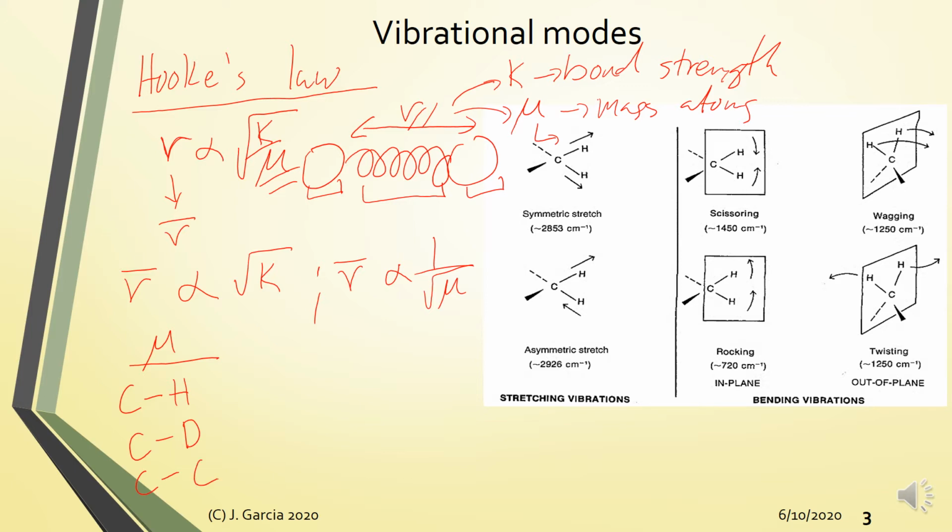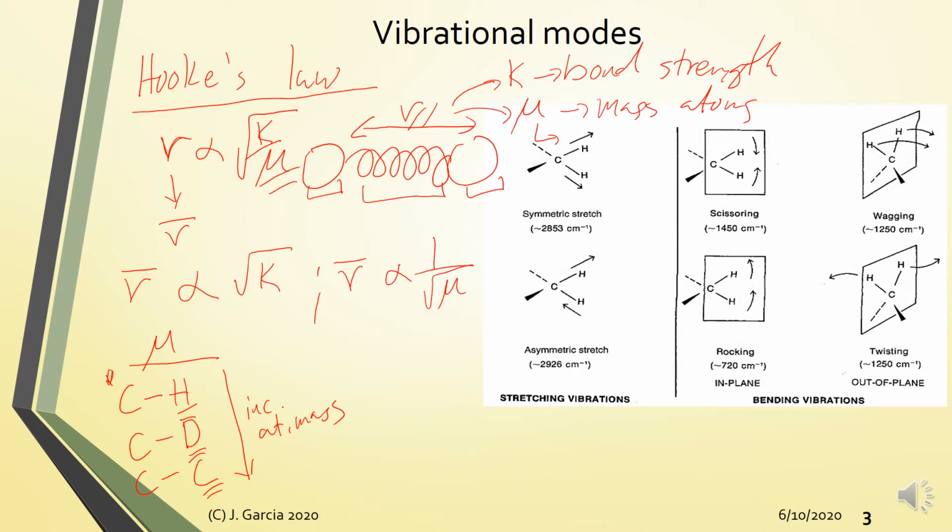so alam natin, just by looking at these examples, that the trend nung masses nung atoms na nakakabit dito sa particular carbon na ito is actually, as you go down, increasing atomic mass. Okay?